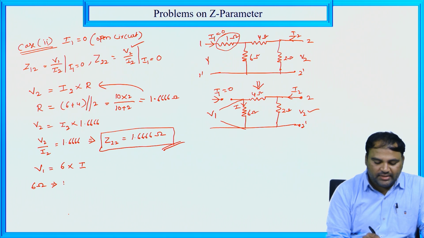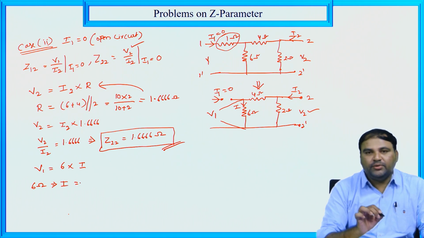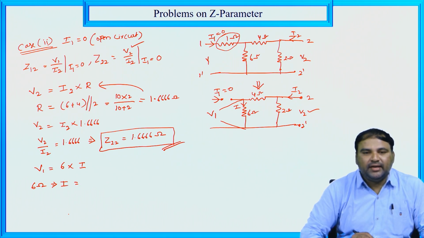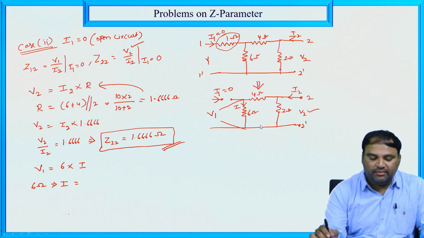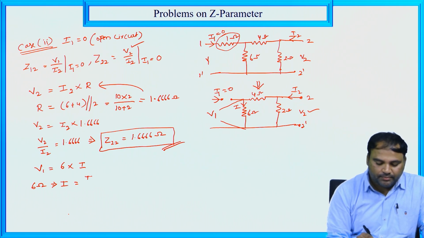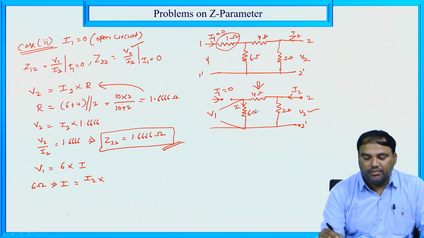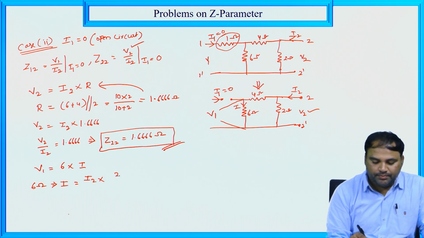At the 6 ohm resistor, we apply the current division rule: the total current into the opposite element, divided by the sum of the individual elements. So I equals the total current of the network, I2, into the opposite of the 6 ohm resistor, which is 2, divided by 2 plus 6 plus 4.